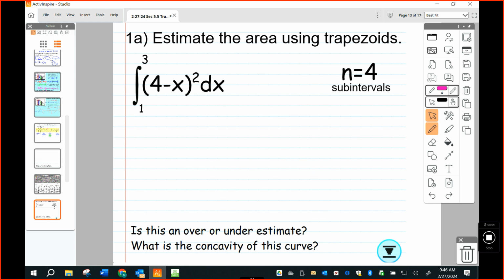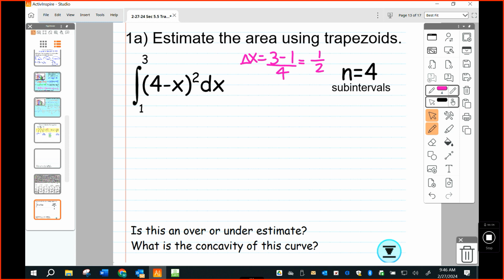So what should we calculate first? You need your delta x. So write down the problem. N is 4. Start with our delta x. Delta x is going to equal b minus a divided by n. 2 divided by 4 is 1/2.